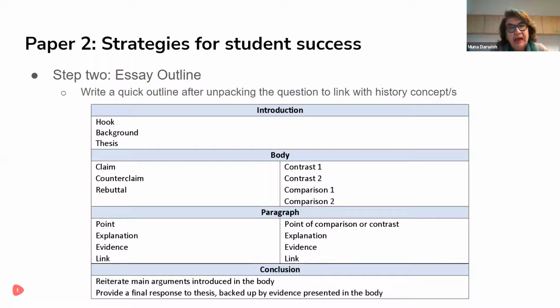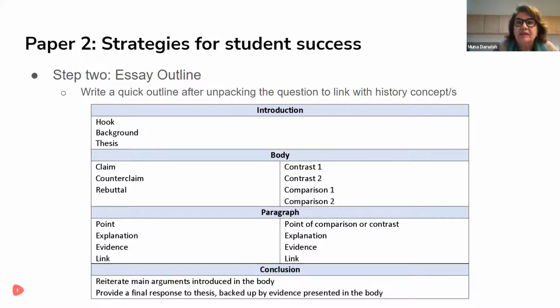Okay, and the paragraph should be made of a point that is explained, supported by evidence, and linked to the concept, and this can reflect itself in a point of comparison or contrast: both political regimes used propaganda.